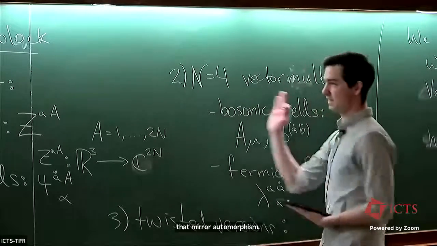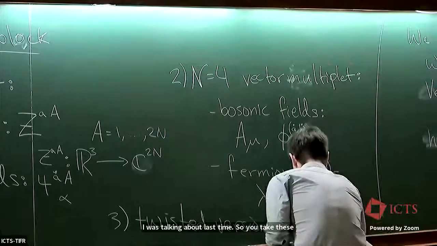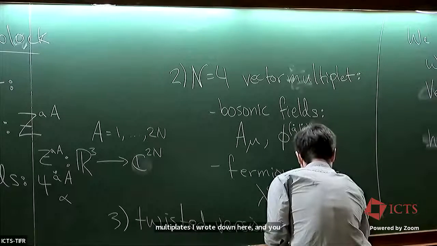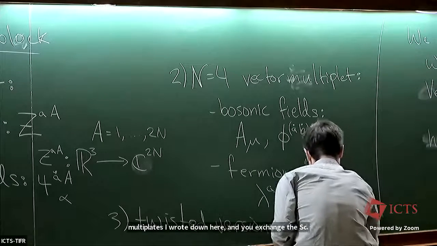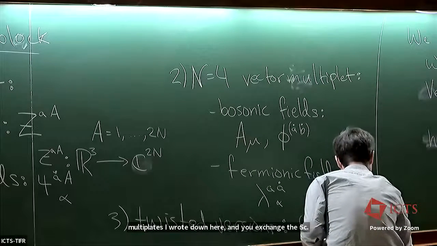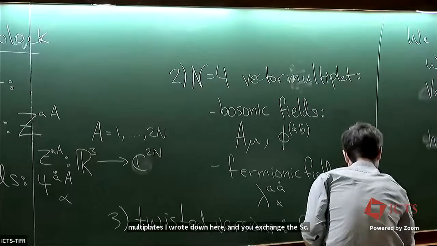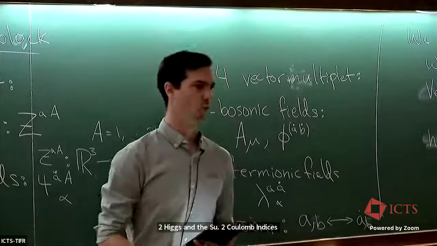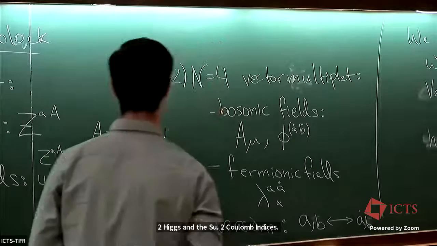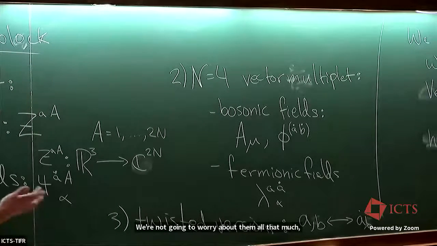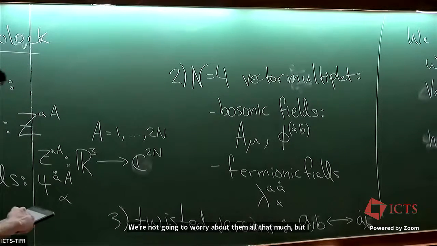So you take these multiplets I wrote down here, and you exchange the SU2 Higgs and the SU2 Coulomb indices. We're not going to worry about them all that much, but I should mention that you can build theories with them. We just won't do that here.